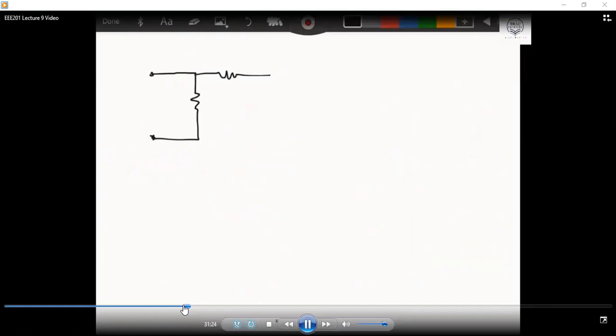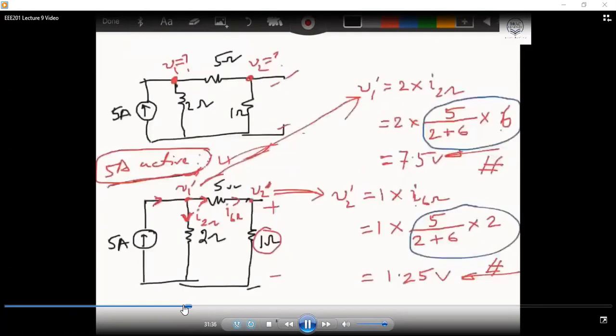That means here we are going to say the 10 ampere is active. If the 10 ampere is active, how does the circuit look? Look at this thing. Let's go back to the 10 ampere here.